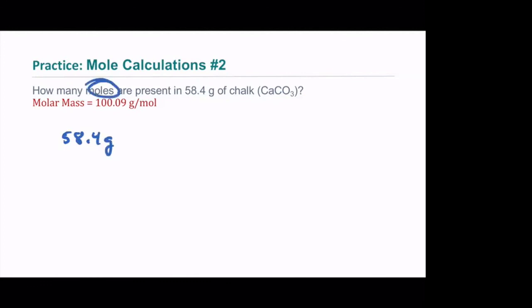Asking for moles. Do I need Avogadro's number? No, not asking for particles. So all it is, once again, 100.09 grams per mole. Cross that out. You've got your answer. I don't know if I solved this one. I didn't.